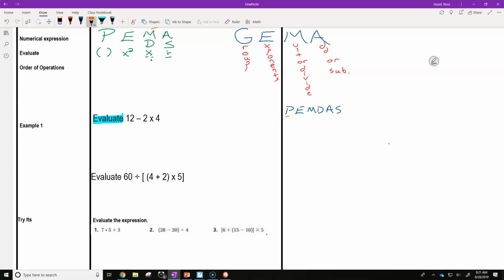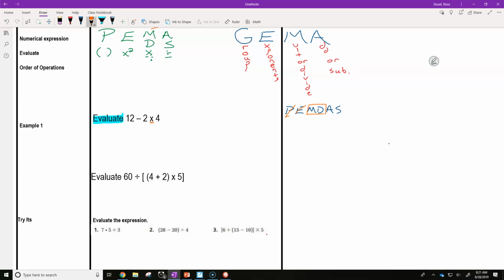Are there any parentheses? Or any brackets? No. So they cross it off. Exponents. We're going to look left to right. Are there any exponents? No. They cross it off. Are there any multiplication or division? This is important. I look left to right. Subtraction. Oh, there's my multiplication. Because we come up to it, this is how you can show your work.